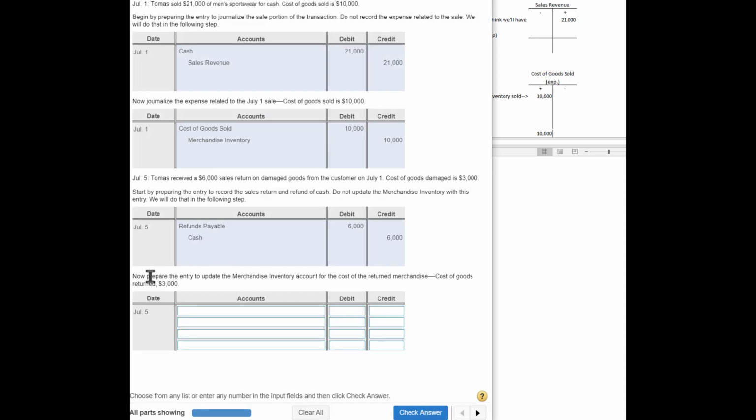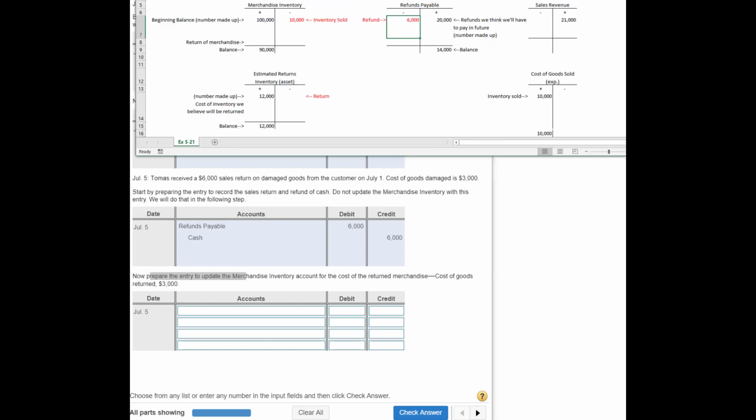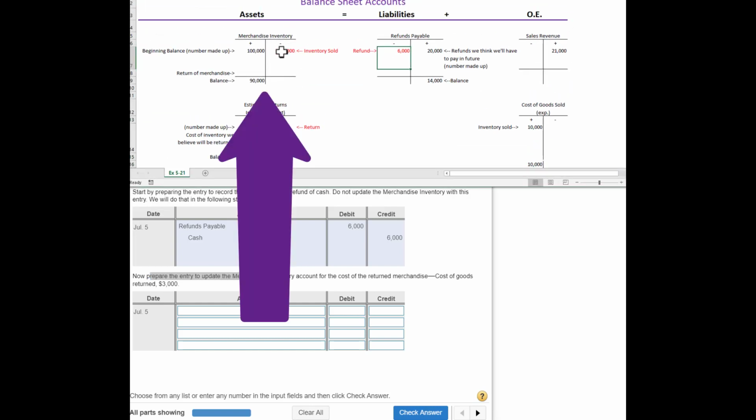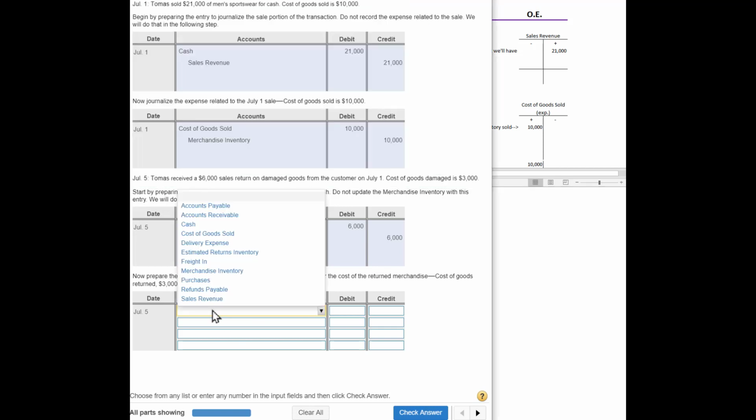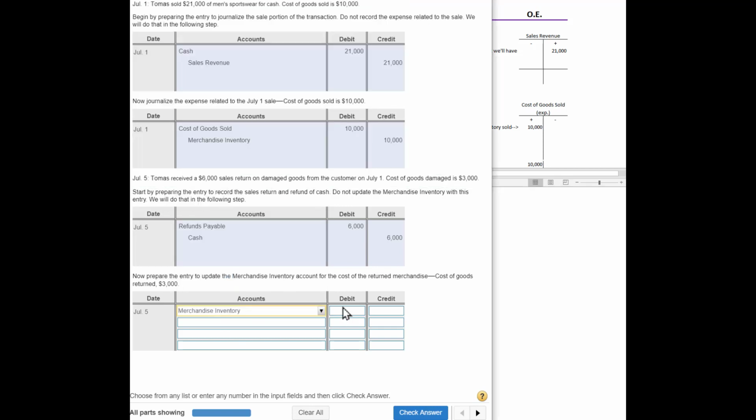And then our last transaction, now prepare the entry to update inventory account. So what's happening to inventory? Well, when we sold the inventory, it decreased the inventory. So when the inventory comes back to us, we have to increase inventory. So inventory is going to be going up by how much? $3,000.